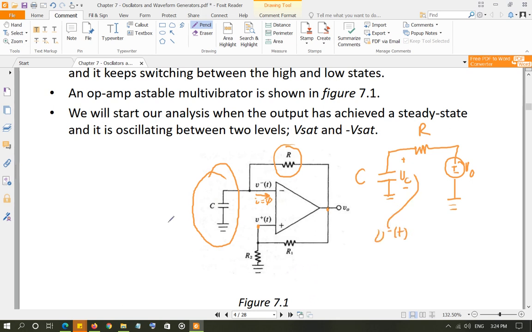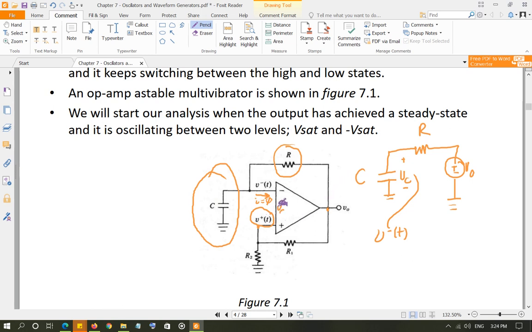And remember, if the voltage at the non-inverting terminal is greater than the inverting terminal voltage, then the output is going to be in positive saturation, as we discussed in the last chapter.